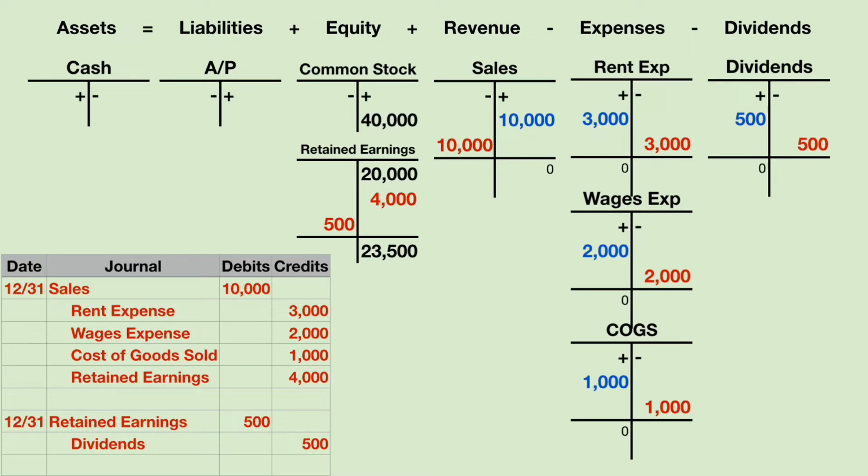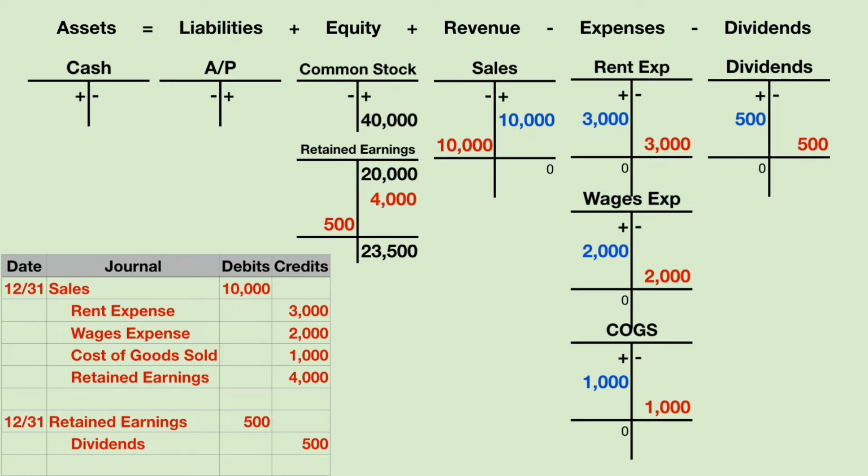Now let's look down the column of expenses. The blue numbers were the balances that we want to close. Rent expense has a debit balance, so we have to insert a credit to the rent expense account to close that account. We put a credit of $3,000 to the rent expense in the ledger, and then look at the journal.